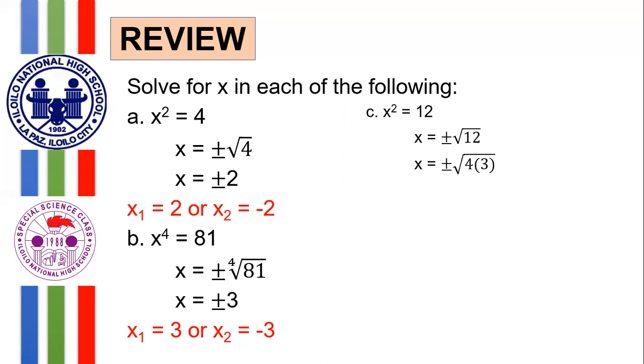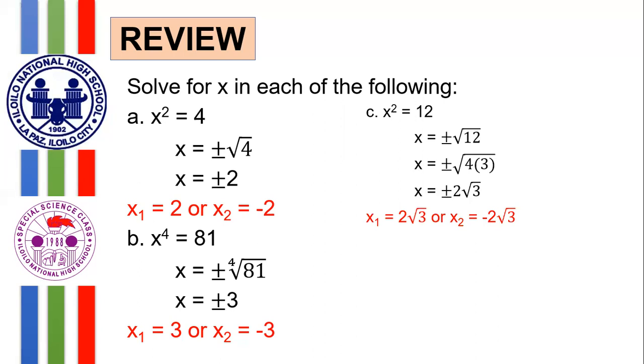Hence, I will copy everything and just express 12 as 4 times 3. Extracting the square root of 4, which is 2, you have x equals plus minus 2, and the square root of 3 will be copied. Hence, your x could either be 2 square root of 3 or negative 2 square root of 3. Okay?